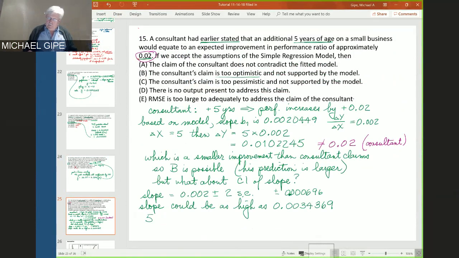So 5 times this, three, four, roughly, is 0.017. Can't read my handwriting here. Something 845. Is that right? Which is still smaller than the consultant's prediction.